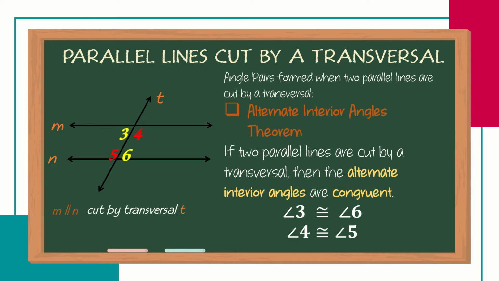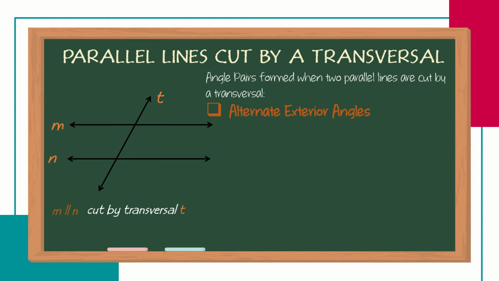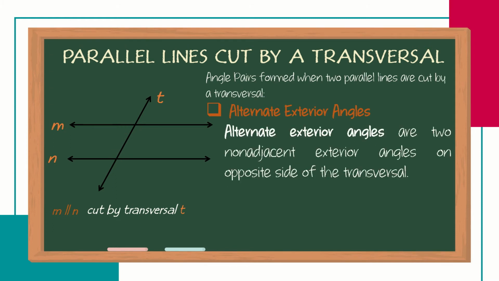Next, we have the alternate exterior angles. Let us first define this. Alternate exterior angles are two non-adjacent exterior angles on opposite sides of the transversal. So the pairs of alternate exterior angles are angle 1 and angle 8, and angle 2 and angle 7.